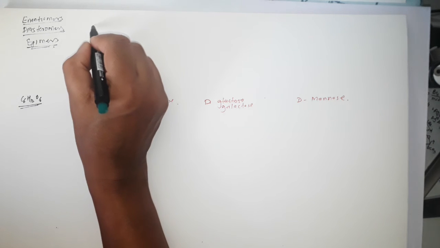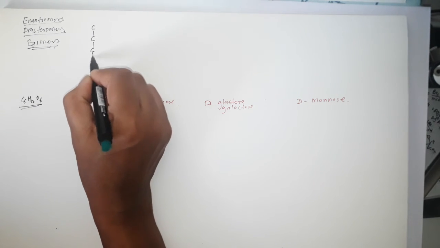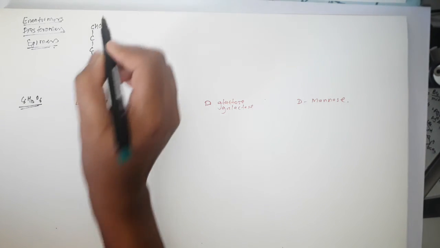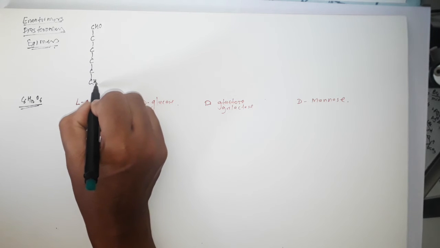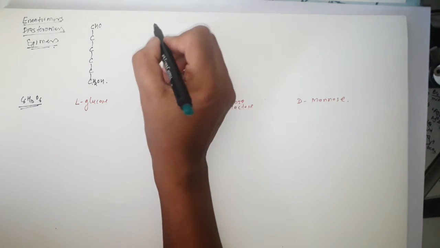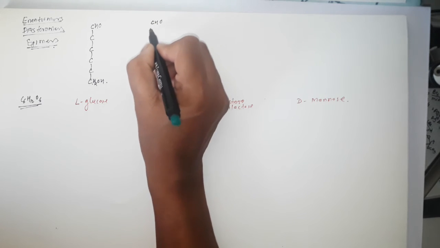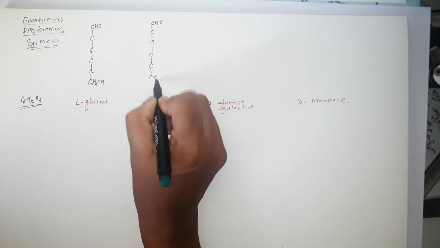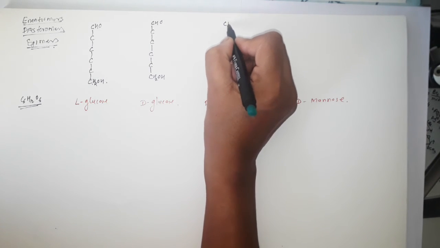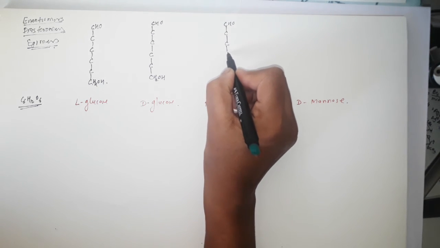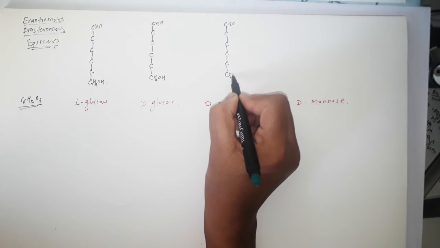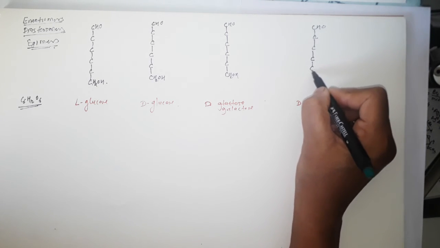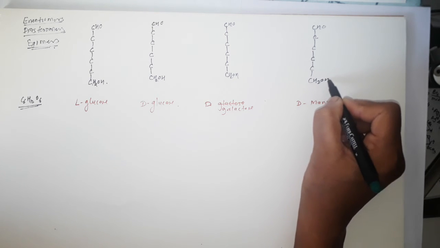So this is 6 carbon, 1, 2, 3, 4, 5, 6. The top carbon is the aldehyde group, the last is CH2OH. Here again CHO, top carbon, 2, 3, 4, 5, 6, is again CHO, 2, 3, 4, 5, 6, CHO, carbon number 2, carbon number 3, 4, 5 and 6.